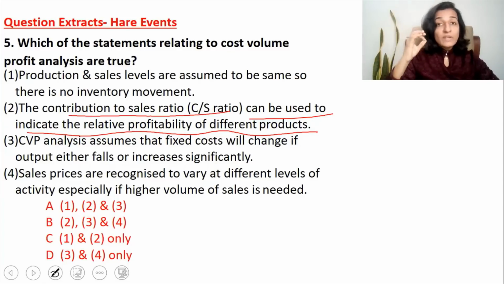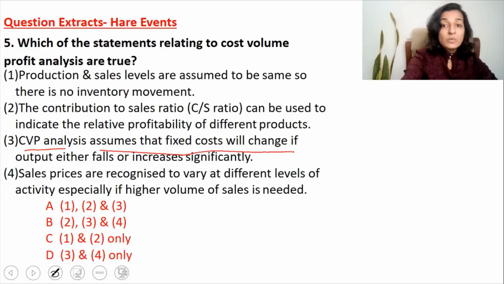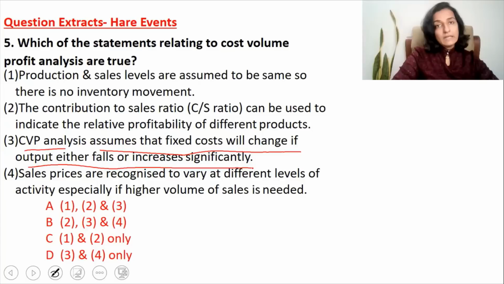That's also true. We evaluate the profitability of each product by finding out the CVP ratio of each product. Coming to the third statement, CVP analysis, that's the cost, volume, profit analysis, assumes that the fixed cost will change if output either falls or increases significantly.